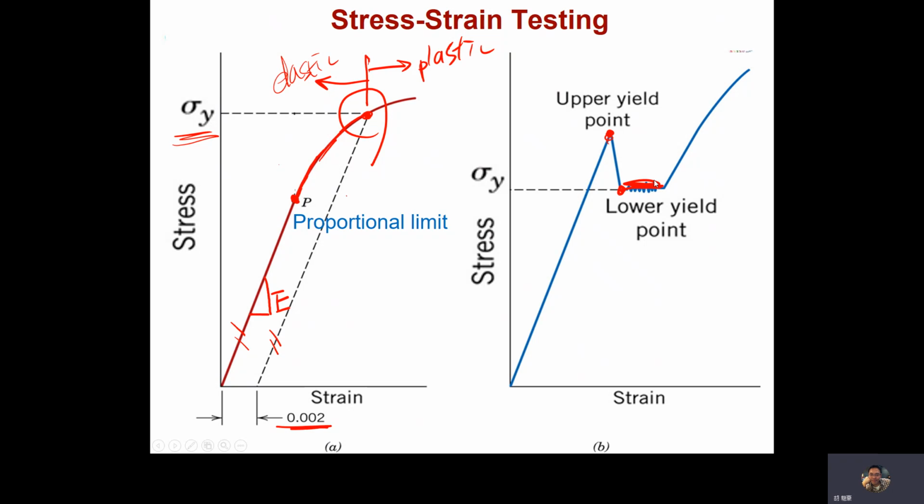That means a certain part of this metal has already yielded and other parts have not, so the sheet shows different colors.